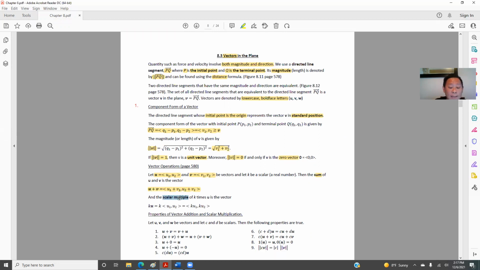If you want to multiply by a scalar K, where scalar means a fixed number, you distribute the K into vector U, so you get KU1, KU2. It's very similar to the number sense that we use. Just make sure you only combine the first component with the first and the second with the second when you add or subtract.